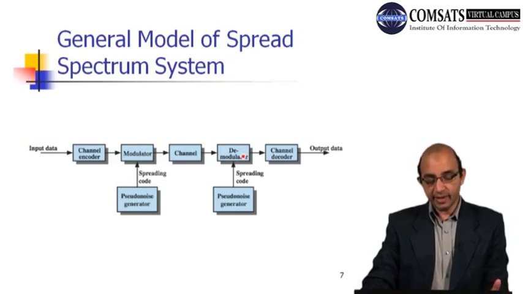This is the last, and here this is the first, and then we have to perform the channel decoding. And you can see that while we are modulating, we have a spreading code over here, and when we are performing demodulation, it is the de-spreading code, right? So there is a pseudo noise generator, and you can see a pseudo noise generator again here, and we will talk in more detail about how we can do that, right?